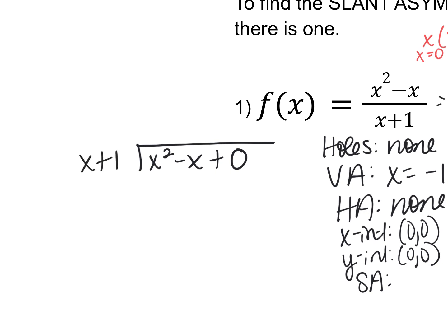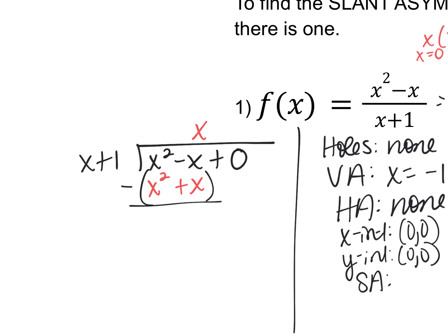Cool. Let's do it. So we've got x times what gives you x squared? X. Multiply it back. You get x squared plus x. Let's go ahead and subtract them. The x squareds cancel. For x, you get negative 2x plus 0. X times what gives you negative 2x? That's negative 2. Multiply it back.